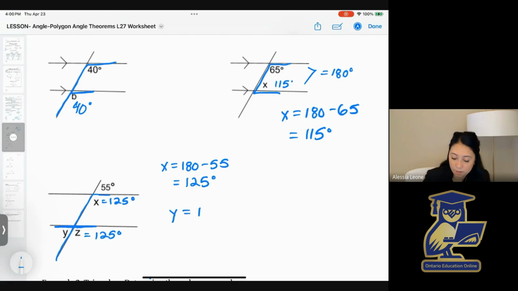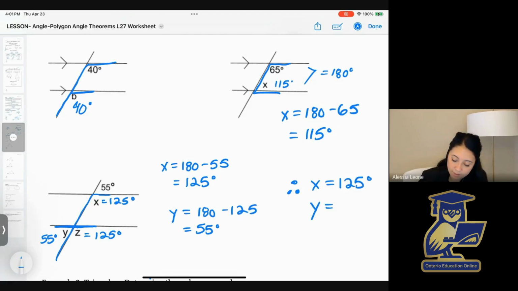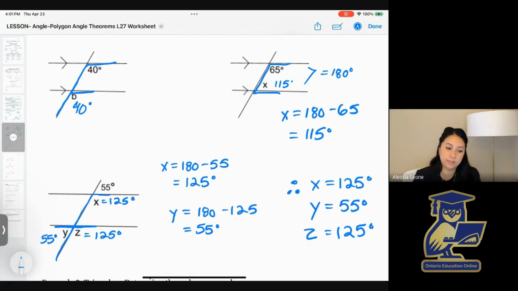So Y will be 180 minus 125, which equals 55 degrees. So Y equals 55 degrees. If we wanted to do a summary, therefore, X is 125 degrees, Y is 55 degrees, and Z is 125 degrees.